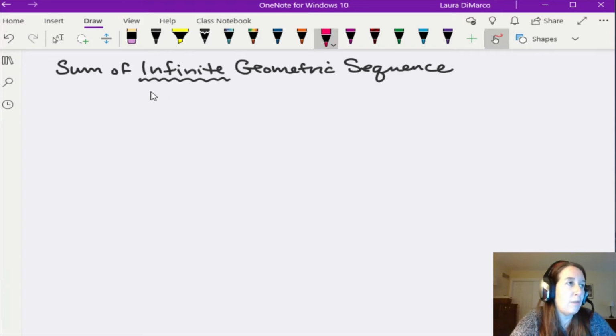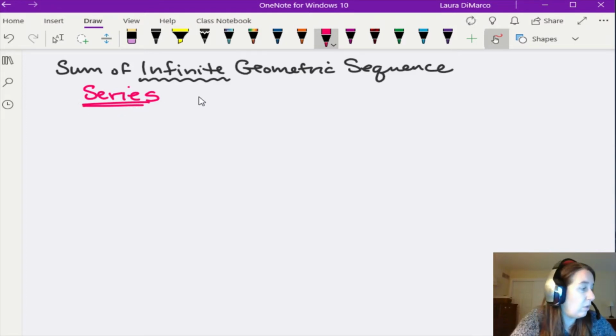So the sum of an infinite geometric sequence, if you have an infinite geometric sequence, that is what's called a series. So an infinite geometric series is the sum of a sequence. So the summation notation for that would look like this.